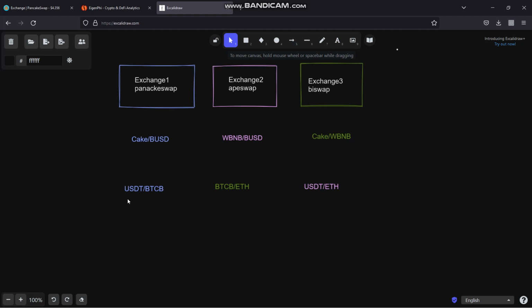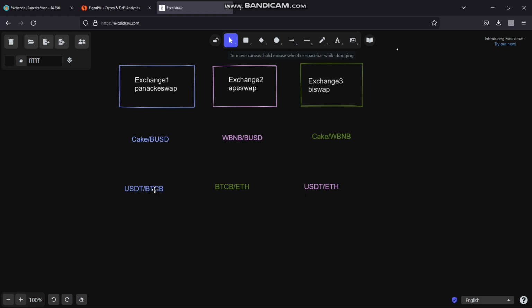So now we have triangular pairs. If we go from USDT to BTCB, we are able to swap BTCB to ETH and swap that ETH back to USDT, and we get back our starting amount.